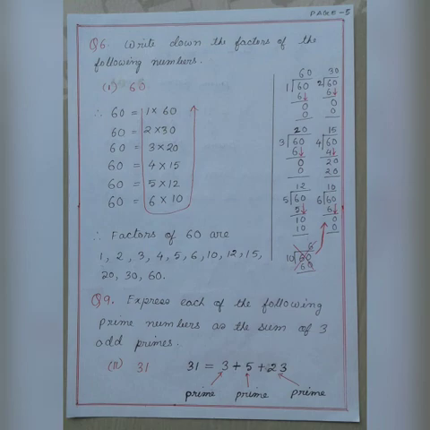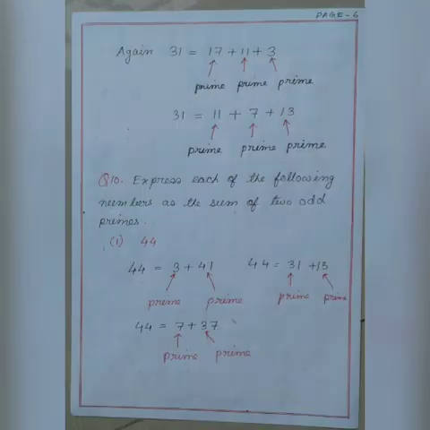So if I break 31 as 3, 5 and 23, if I add all the numbers, it will be 31. 3, 5 and 23 are prime numbers. Again, 31 can be written as 17 plus 11 plus 3, where 17, 11 and 3, all 3 numbers are prime numbers.